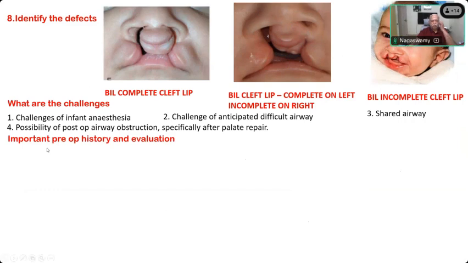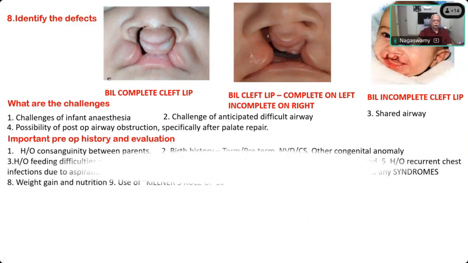Important to ask: what is the importance of pre-op history and evaluation? Feeding history, sir. How they feed the child. Respiratory infections. First of all, always when congenital defects like this are given, start from the antenatal and birth history and then go to the other practical problems.